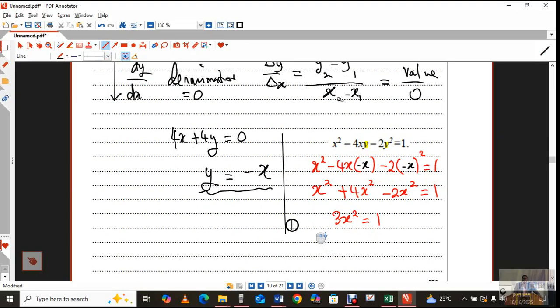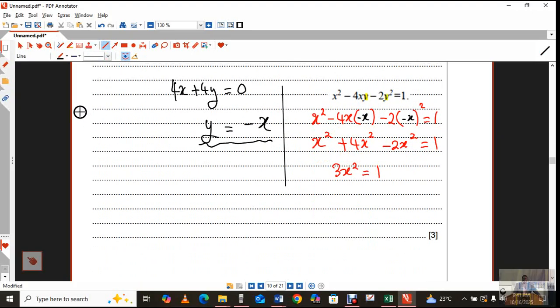If you work this one out, you realize that x squared is equal to 1 over 3, and therefore x is equal to plus or minus the square root of 1 over 3, which is the answer.